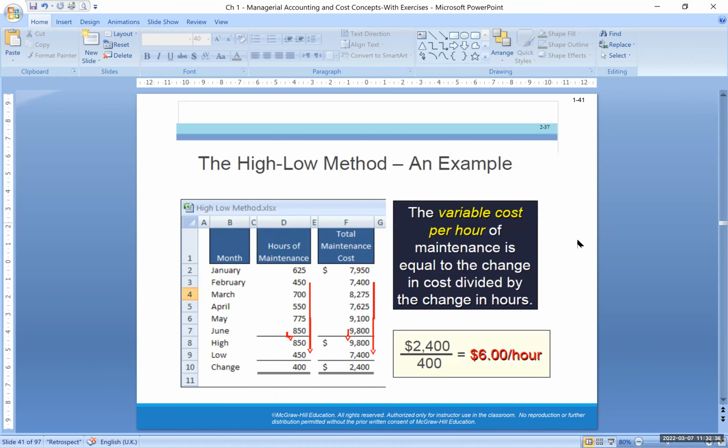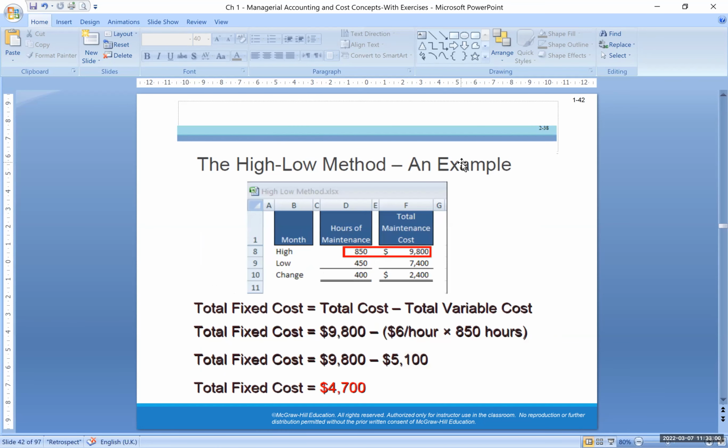Remember the equation, which is y equals a plus bx. If you remember, we said that this equation represents the mixed cost. The y represents the mixed cost, the a represents the fixed cost, and the bx represents the variable cost.